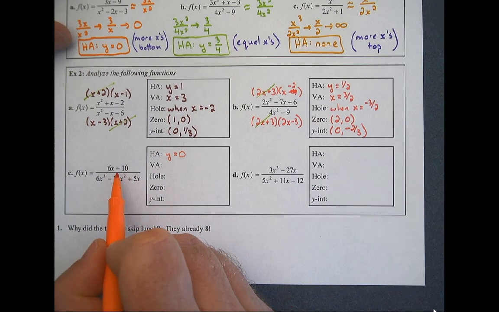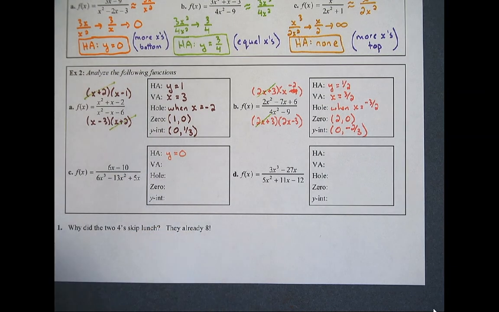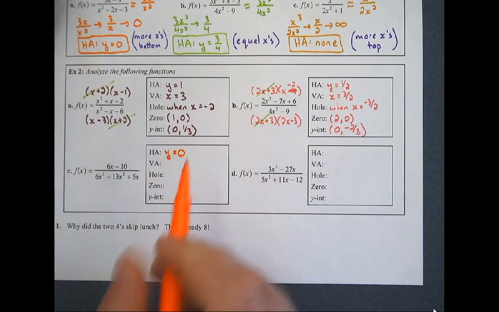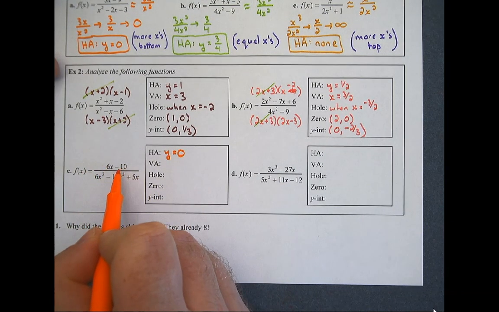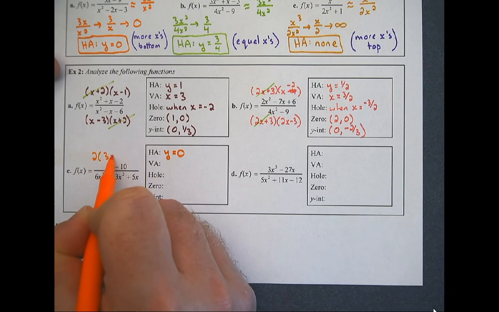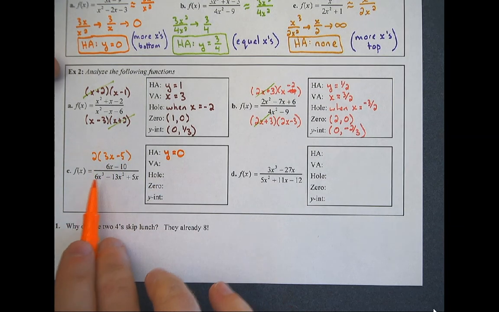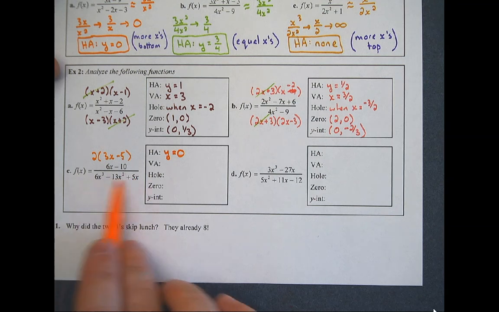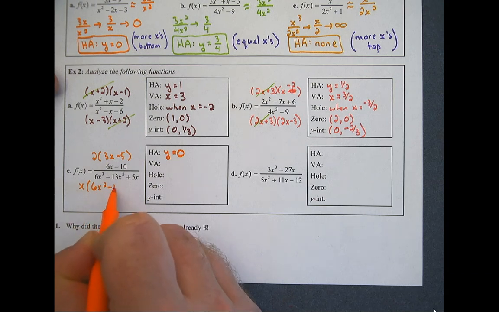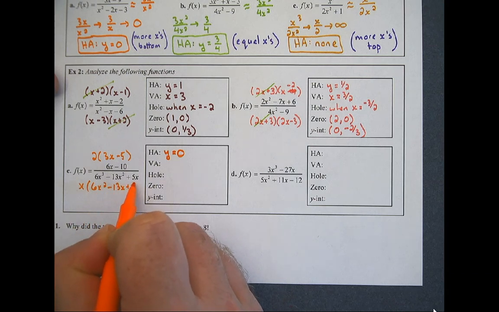And if I look, 6 and 10 both share a 2, so I can factor out a 2. That's 3x minus 5. That's a cube, so I know right away I can factor out. Everything has an x, so I'm going to take that out. That's 6x squared minus 13x plus 5.